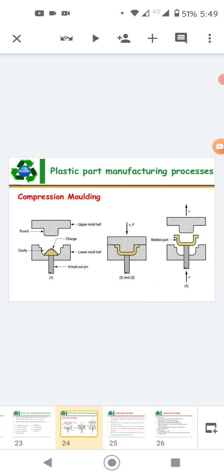They are suitable for large volume compression molding.